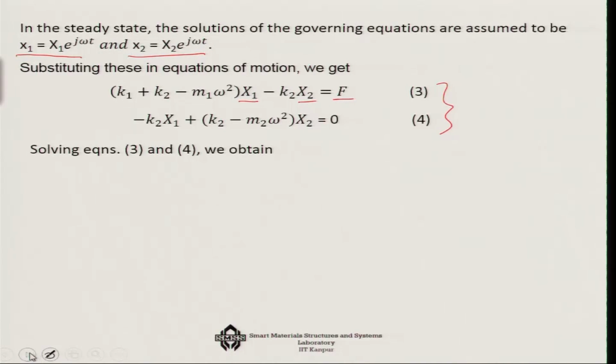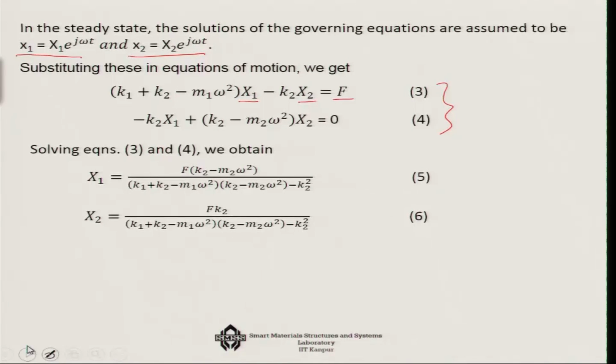If I solve it, you will get X1 as F times (k2 minus m2 omega square), and the denominator is (k1 plus k2 minus m1 omega square) times (k2 minus m2 omega square) minus k2 square.